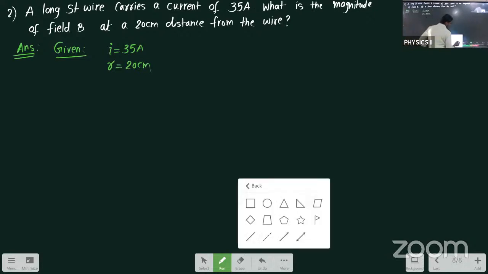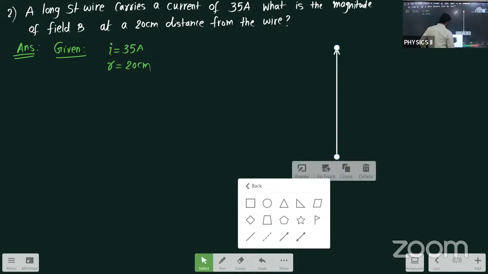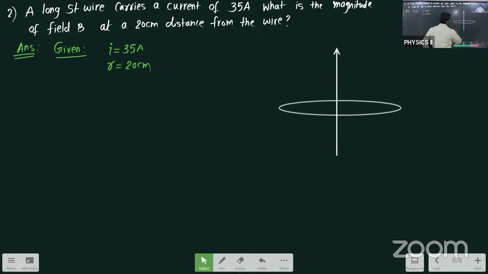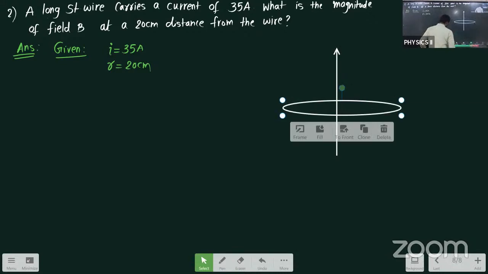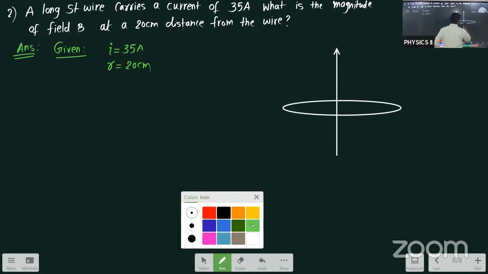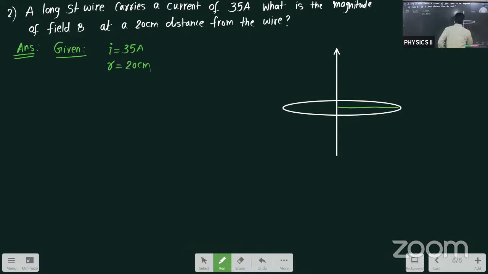This is a current carrying wire, and we are supposed to determine the magnetic field at a distance of r is equal to 20 centimeter. The current I is 35 amperes flowing through this wire.